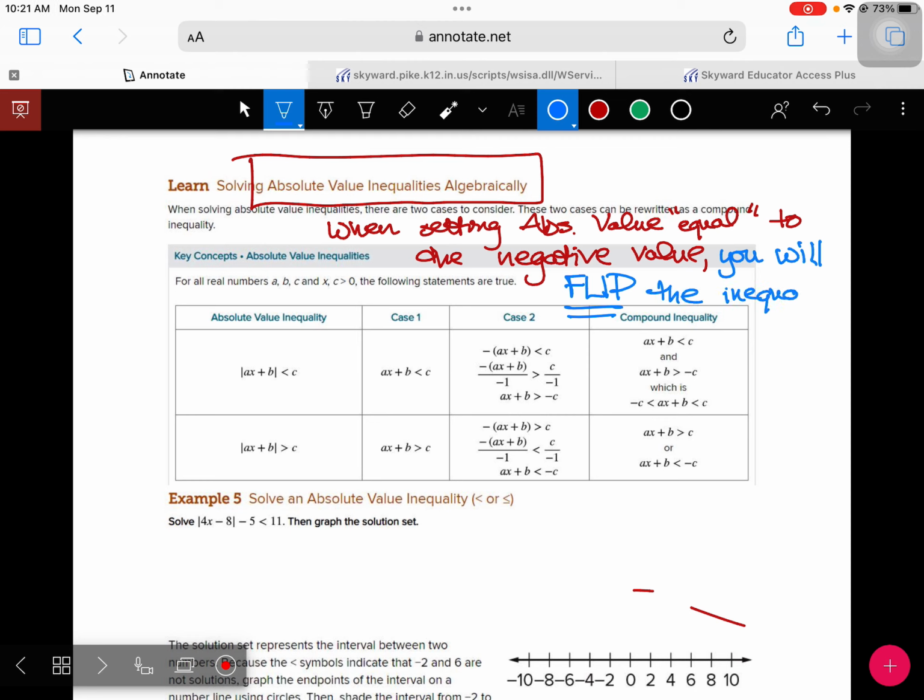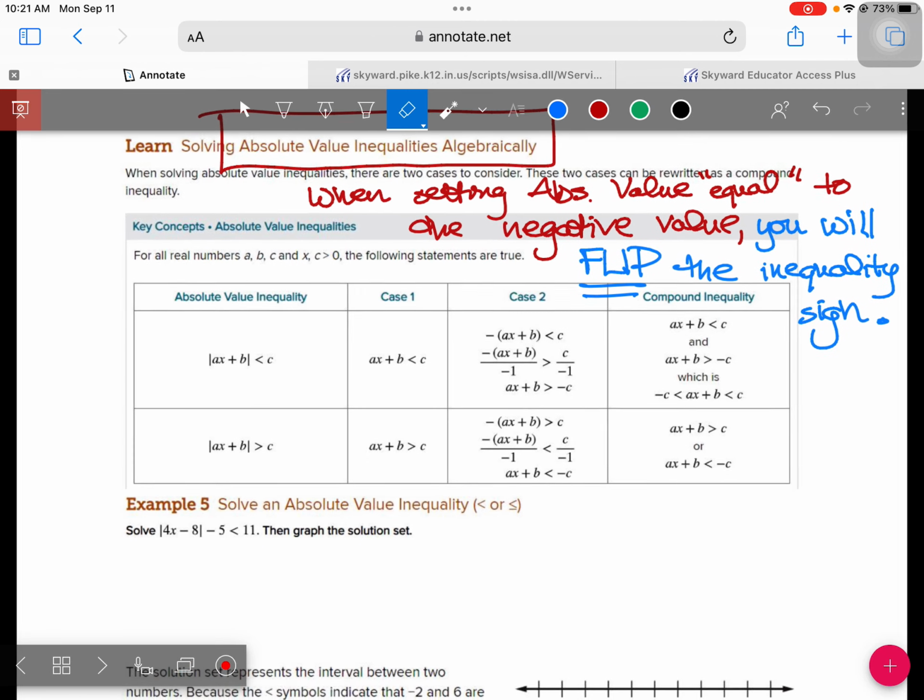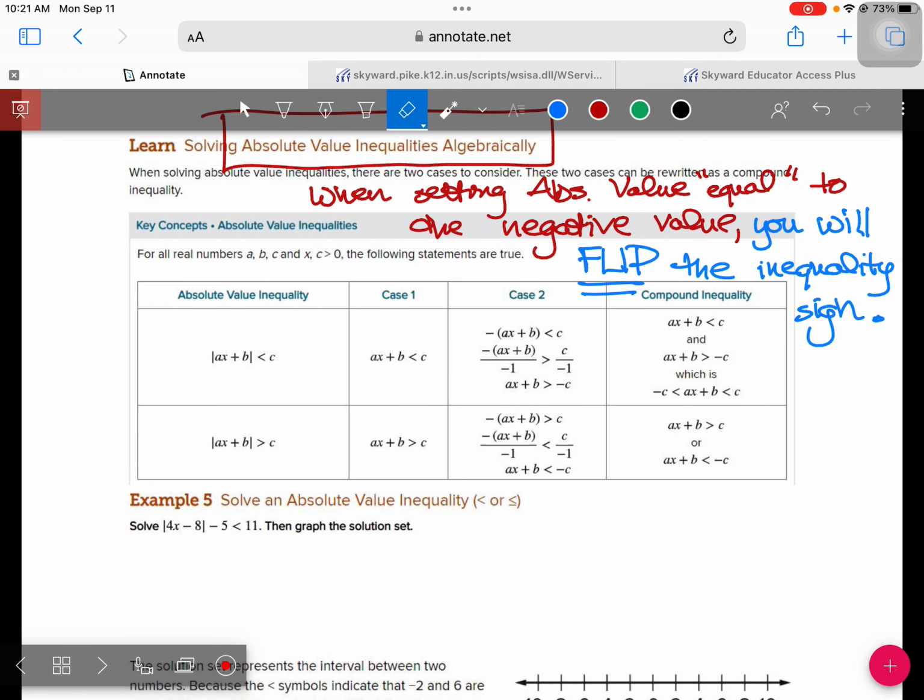So the first one, it's isolated. My first case says ax plus b is less than the positive value of c. And here is my second case. Down here, ax plus b, we flip the sign, is greater than negative c, okay?